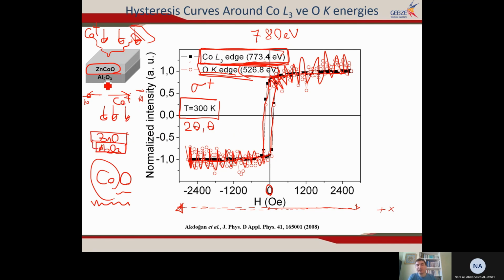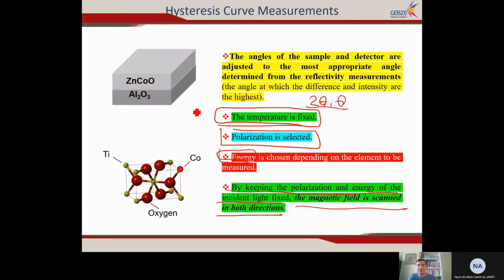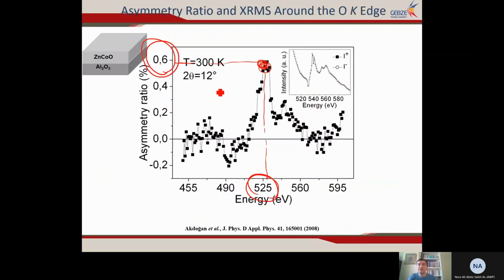So what I see here is that these implanted cobalt atoms sit on the zinc oxide lattice, replacing the zinc, and make bonding with oxygen. So I have this conclusion. Why? Because the magnetization of the oxygen is identical to the magnetization of the cobalt. And here I also see a magnetic signal from the oxygen. This comes from the cobalt-oxygen bonding.